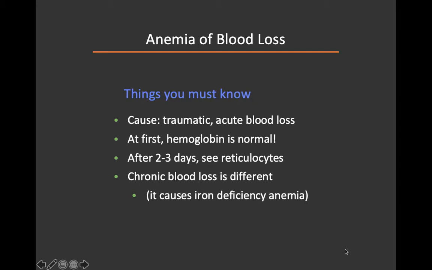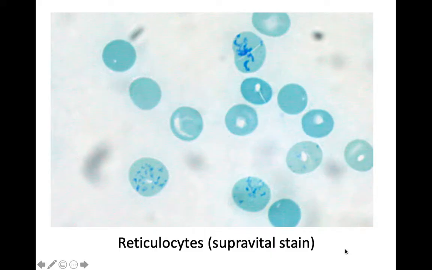And as you take those NSAIDs over time, you're actually destroying the intestinal lining, because NSAIDs are very acidic and they can potentially poke little holes in the walls of the intestine, and that could lead to a slow chronic bleed. And if that happens, your patient also is going to see iron deficient anemia occurring.